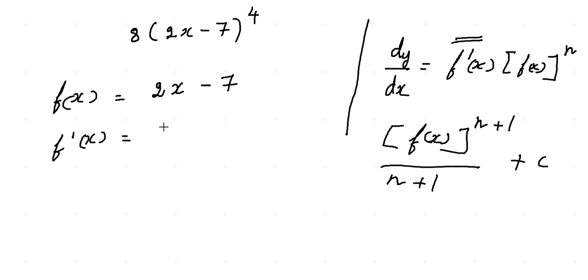So the derivative of 2x is 2 times x to the power of 1 minus 1, and the derivative of minus 7 is 0. So that is 2 into x to the power of 0, which is 1. Therefore, f prime of x is 2, and f of x is 2x minus 7.